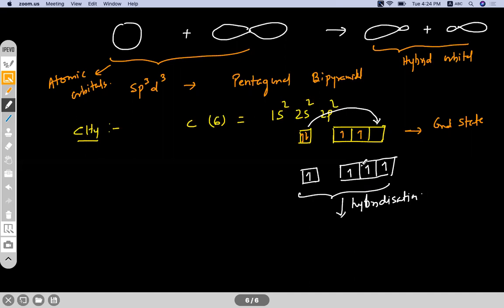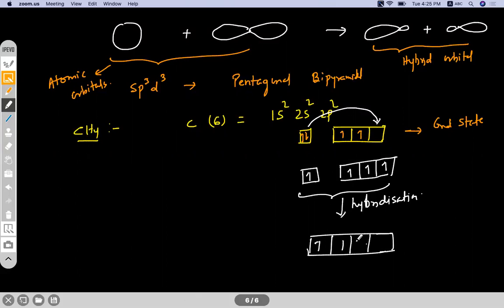All these 4 atomic orbitals mix together and form a new set of orbitals. So how many orbitals do we get here? Four, yes. Because 4 atomic orbitals combine, we get 4 hybrid orbitals.